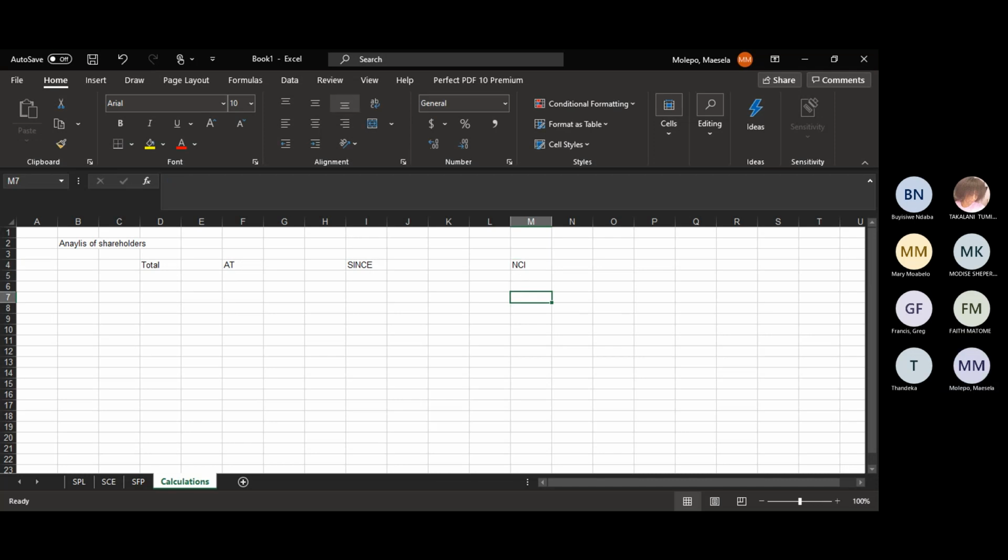Then we go to our add acquisition part. On the add acquisition, share capital.